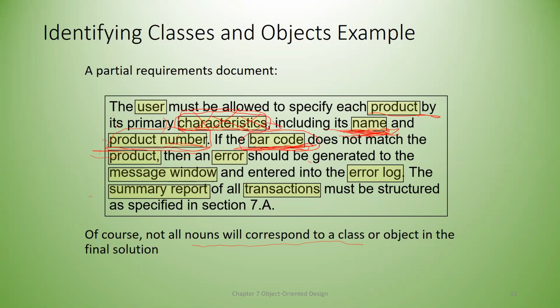Okay, a product. Error, what about error? It's a class. Why? Because there's multiple errors with different names and reasons. Okay, multiple errors with different names and different reasons behind the error.